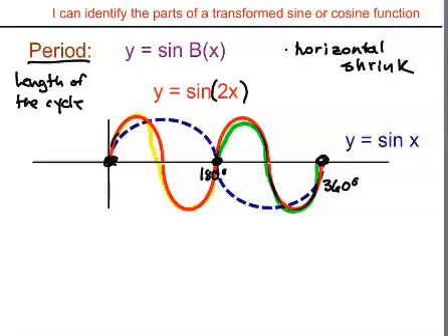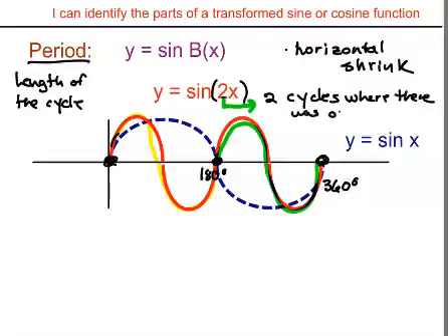So one way I like to think about it is the 2 inside means there are 2 cycles where there was originally 1.